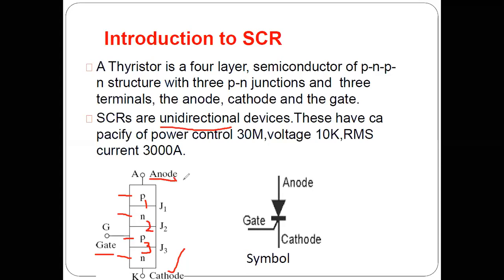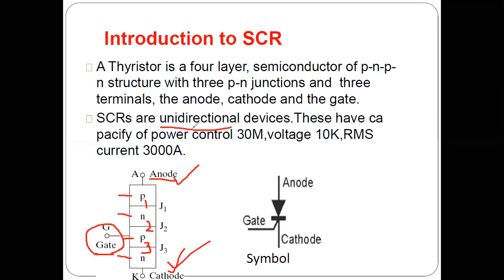From anode to cathode. When you apply the voltage across the anode terminal, the current will flow from anode to cathode. The importance of the gate we will study in later slides. Therefore SCR is a unidirectional device, not a bidirectional device.